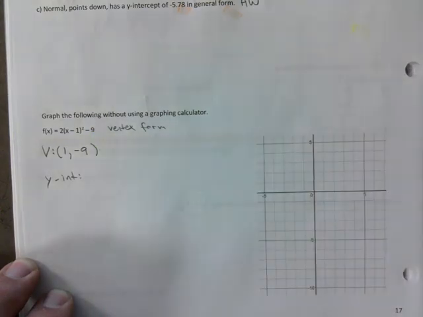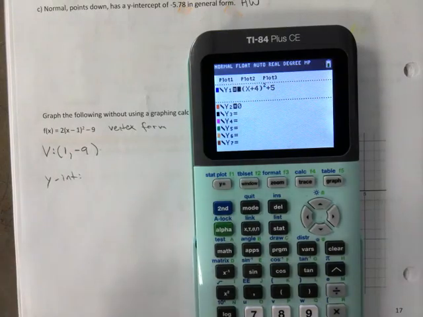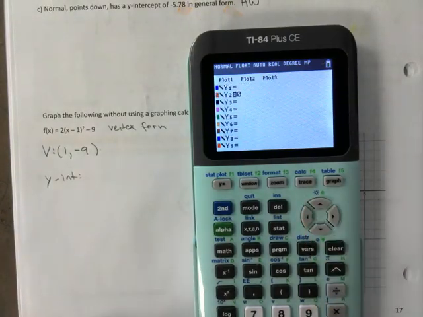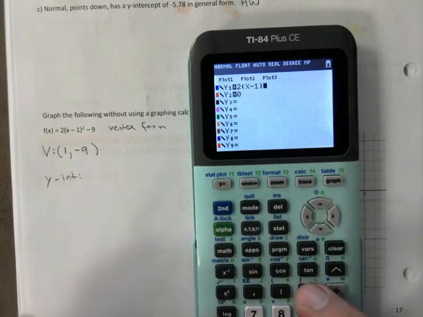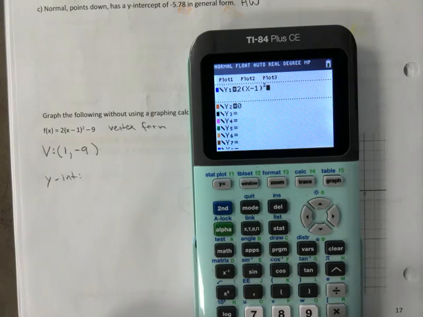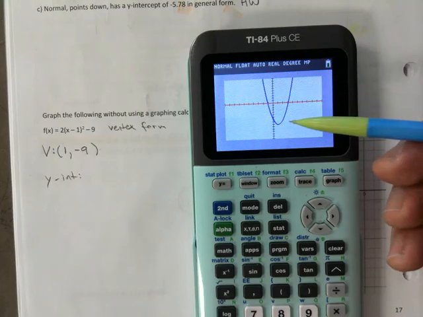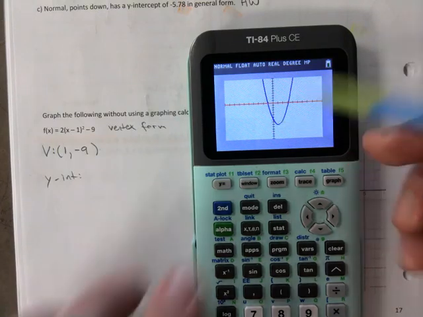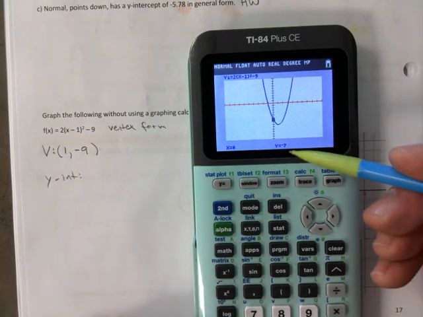We got to use our calculator for it. Maybe I'll do this with you. Oh, I shouldn't have erased it, but anyways. X minus 1 squared, take away 9. Let's graph it. Hey, perfect. It actually showed up. So I'm going to find the y-intercept, second trace 1, x is equal to 0, and there it is. It's -7.